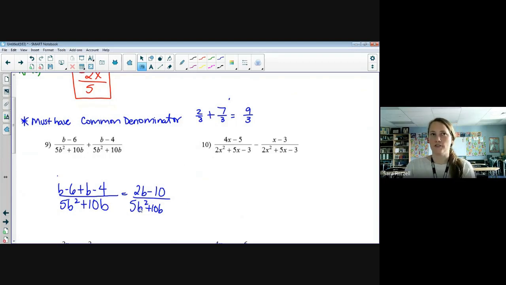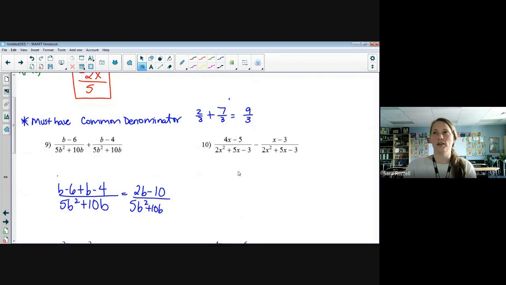And I'm also not going to ask for excluded values on addition and subtraction problems because there's enough already that you have to do on those. But we could find them by factoring if we wanted. But everybody okay on this addition problem? These are the ones I like the most when they're already the same denominator.